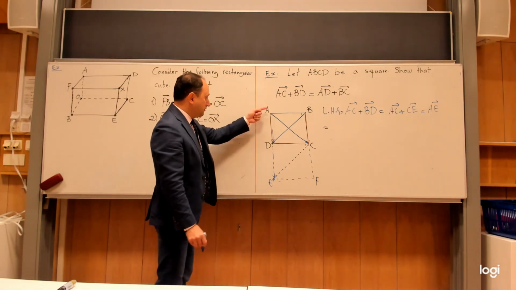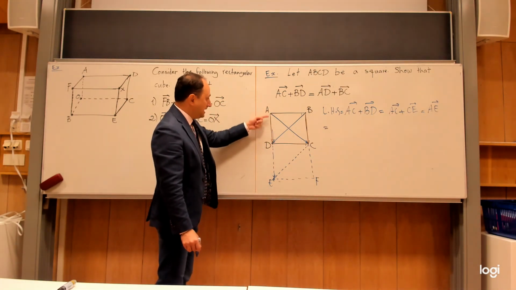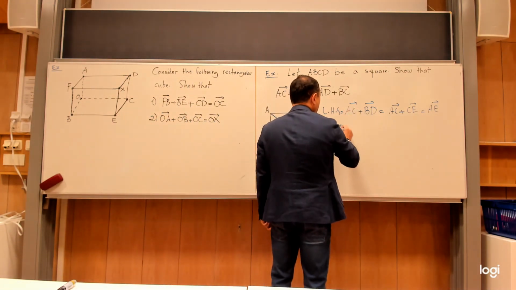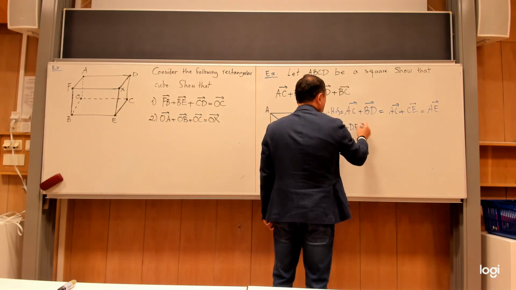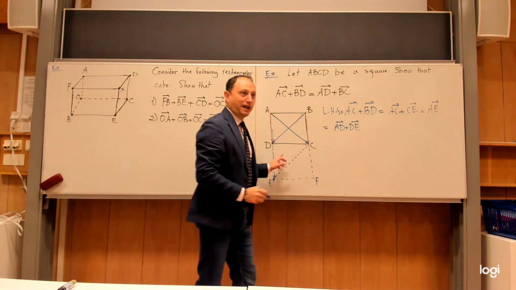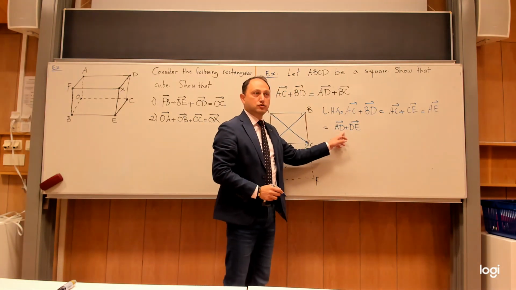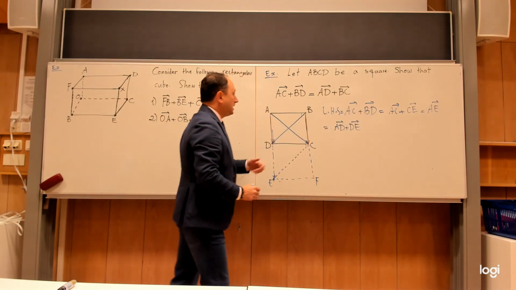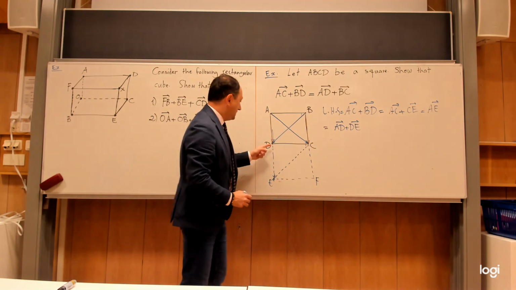Yes? But this vector from A to E is A to D, D to E. Instead of AE, you write A to D plus D to E. And I don't even need to look back at the picture, because this is again Chasles' rule: AD plus DE is AE. Yes? And now DE is this vector.